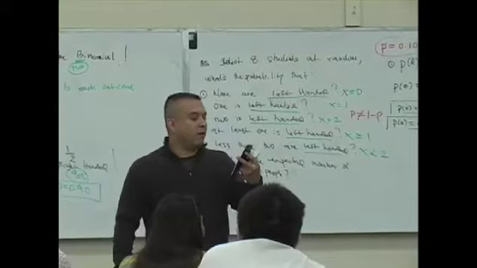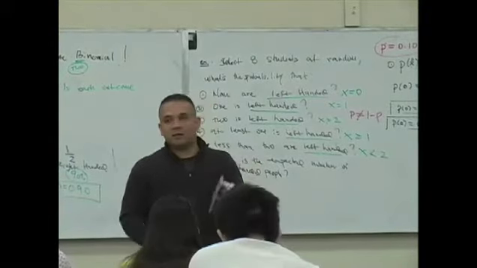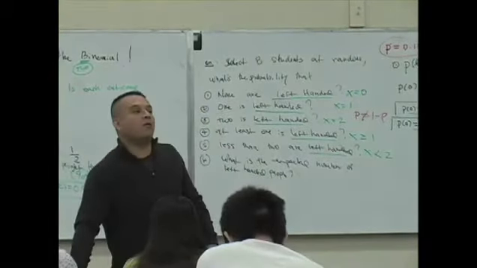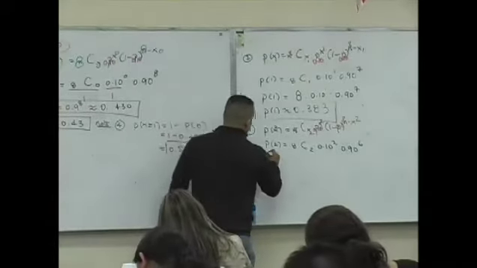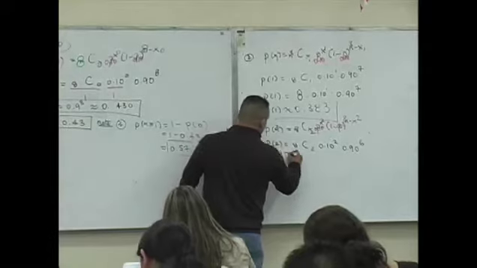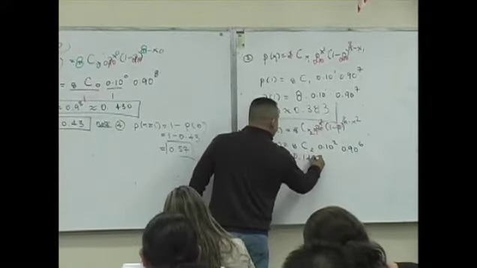0.14880348. Approximate this answer to the nearest thousandths. I guess it's a 0.14 what? 9. So 0.149.